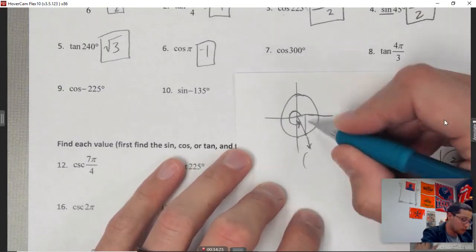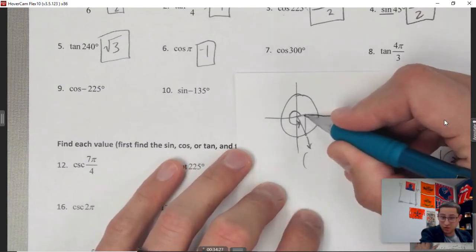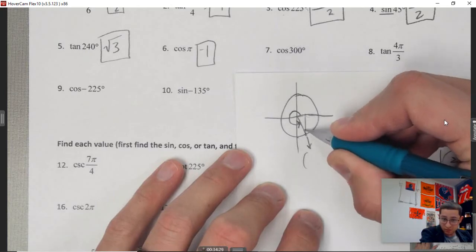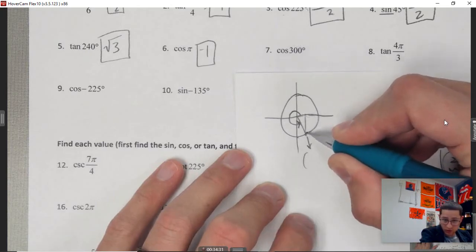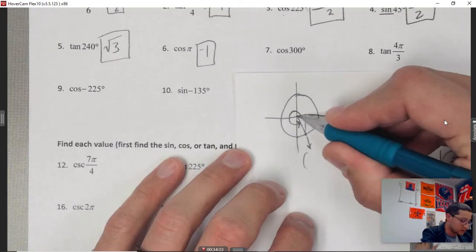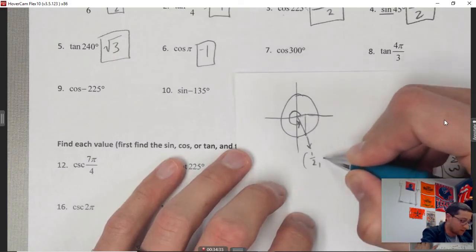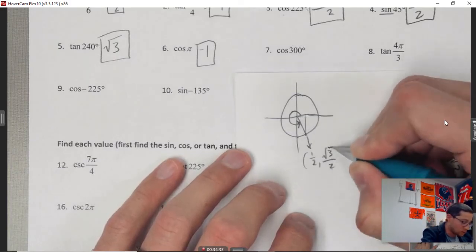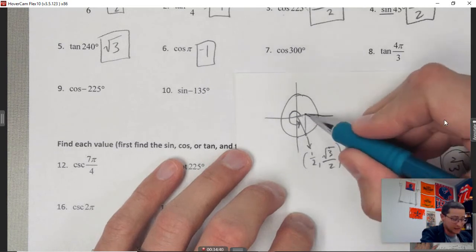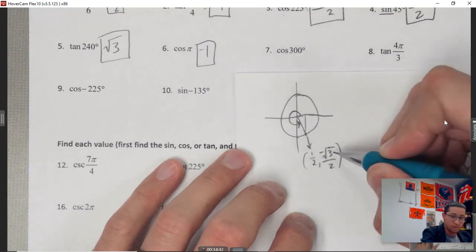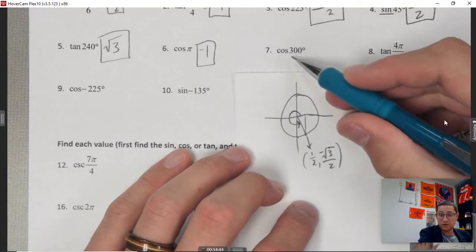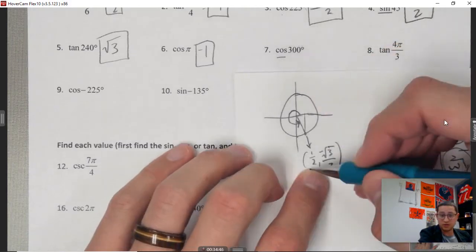The reason why I'm saying that, 1/2 here, square root of 3 over 2 here, it's the small one, so the x is the small one. So 1/2, square root of 3 over 2. This is positive for your x, negative for your y. This one's looking for x, though, so it's just 1/2.